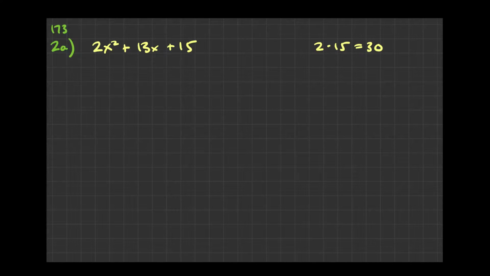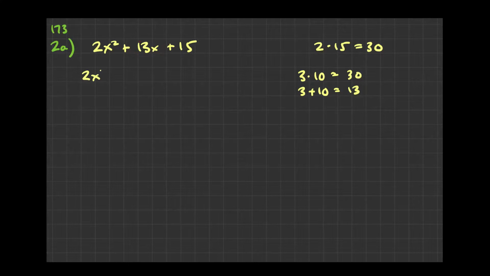Now I'm looking for two numbers that multiply together to get 30 and whose sum is 13. Yeah, 3 and 10. So I know that 3 times 10 is equal to 30, and 3 plus 10 is equal to 13. So we're going to turn this 13 now into 3 plus 10.